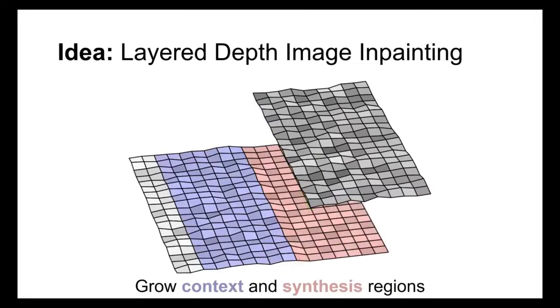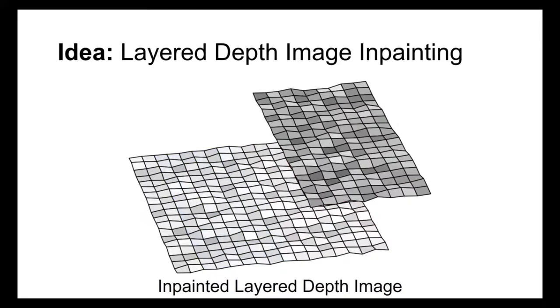You identify some regions as source regions, where I can borrow the content from, and also identify where I should inpaint. Then I can inpaint the color as well as the geometry of this missing region, these red regions. Now we get the multiple layers of representation. You can do this for many different local areas, and then you won't reveal any holes when you render novel views. So it's a very simple algorithm.